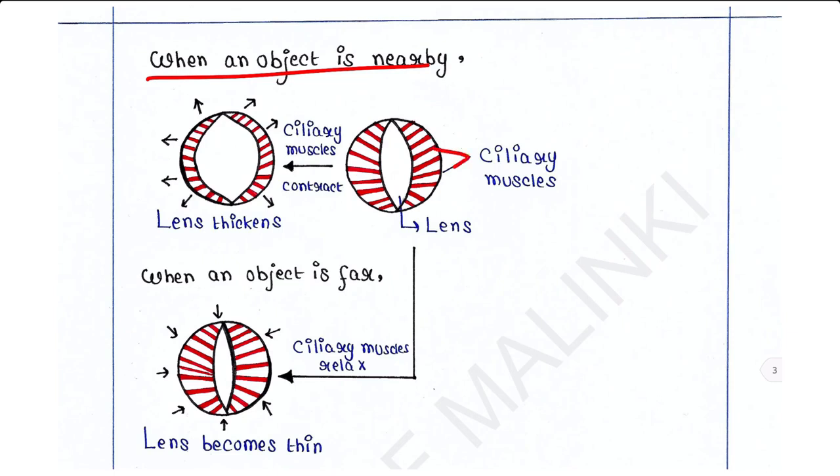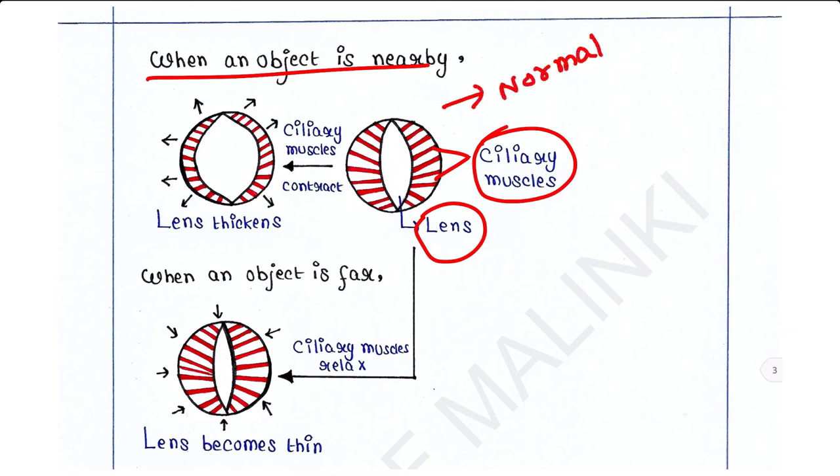So these are the ciliary muscles and here is the lens. The ciliary muscles are surrounding the lens. This is the normal condition. Now, when the object is nearby, these ciliary muscles are contracted in the outward direction.